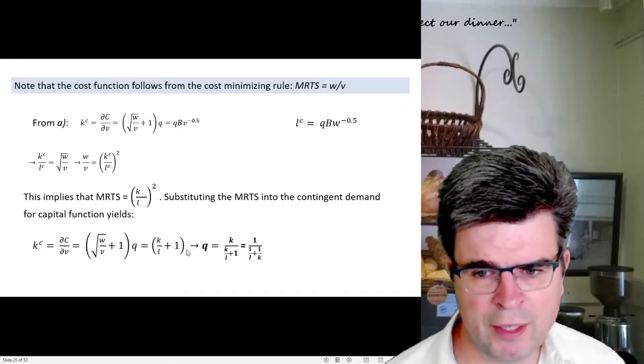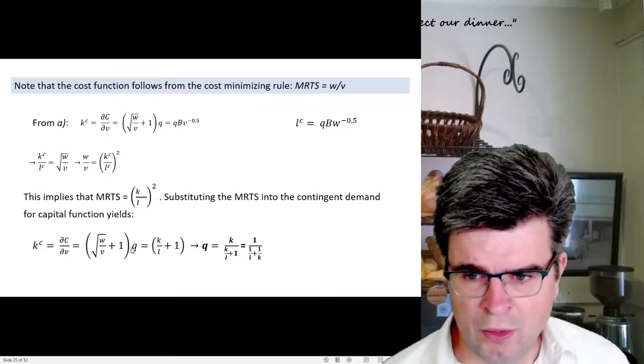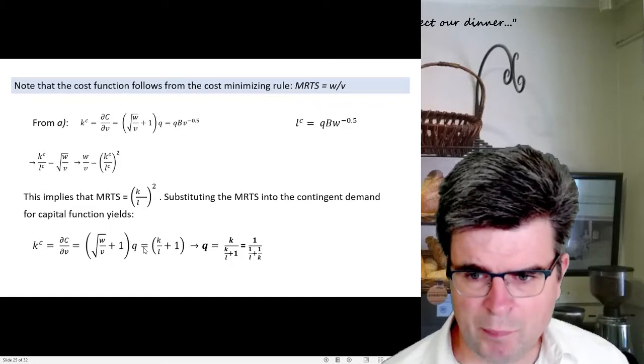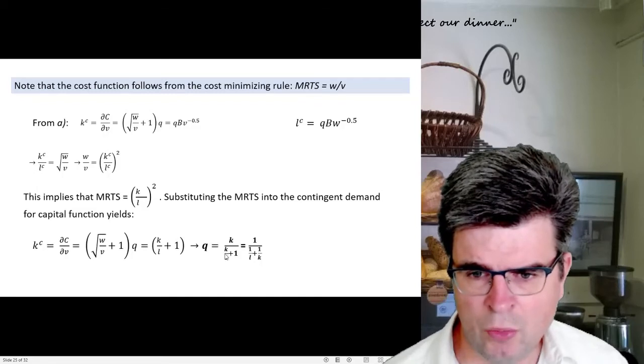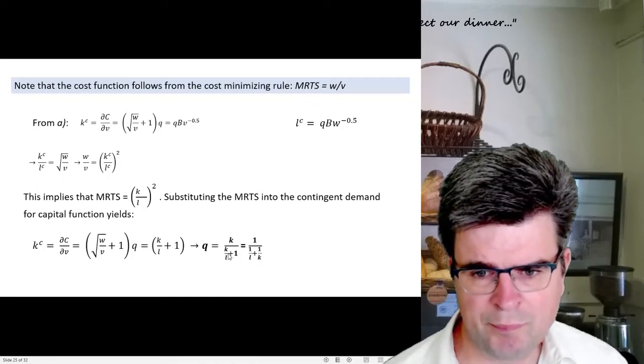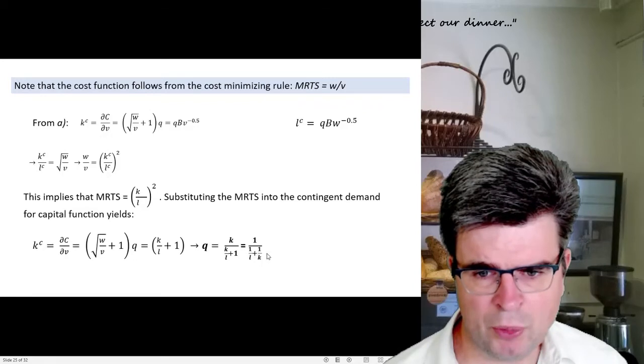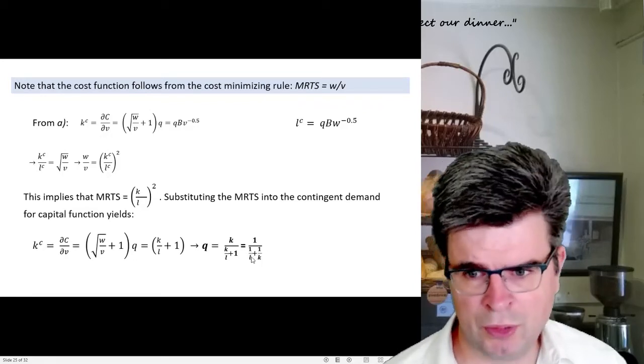And if you rewrite this a little bit, so you free up Q, meaning that Q is identical to K over L plus 1. And then rewriting a little bit more, you get the following production function.